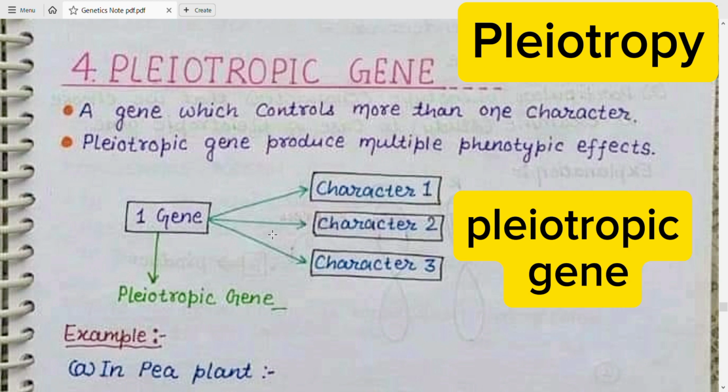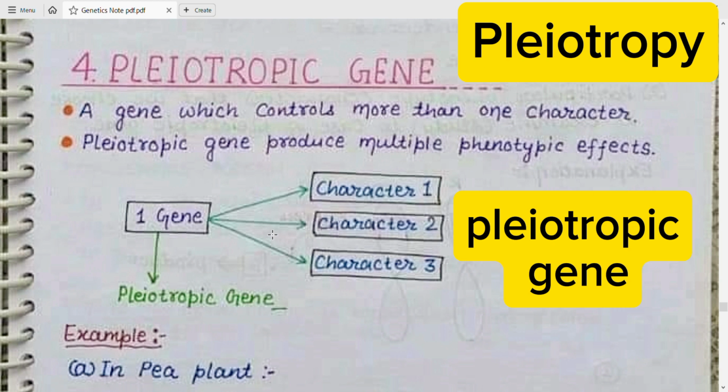So a single gene controls the growth, height, and weight of the human beings. So we can say that this gene is known as a pleiotropic gene, and the phenomenon or the process is called pleiotropy.